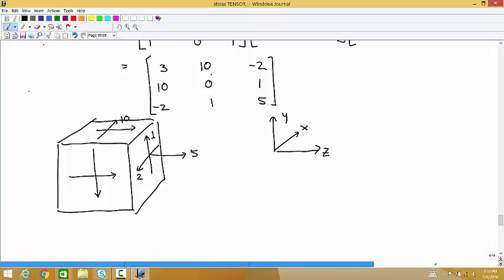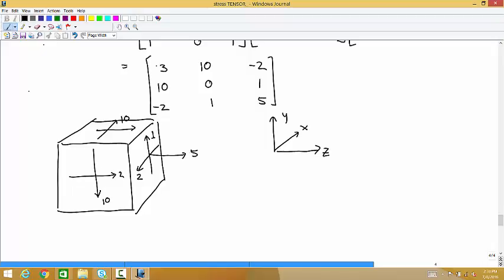And now on the positive x face, we have 3, 10, negative 2. On the negative x face, we have negative 3, negative 10, positive 2 for equilibrium. So the 2 and the 10 are already drawn.